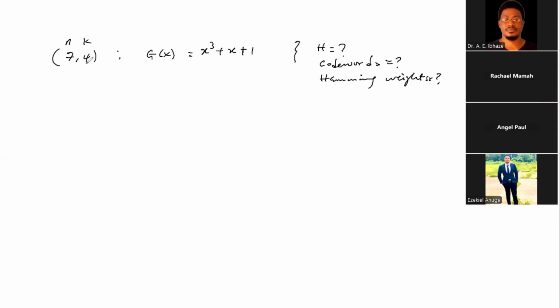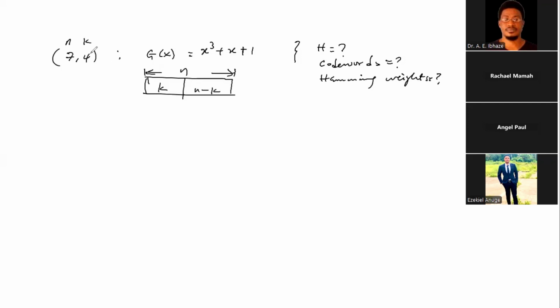Now we have a 7-4 block code, and we have been given a generator matrix. Going by this, we know that the block length is 7. And if you recall our systematic code, we said the length of our systematic code is n, the message bit length is k, and the parity is n minus k.